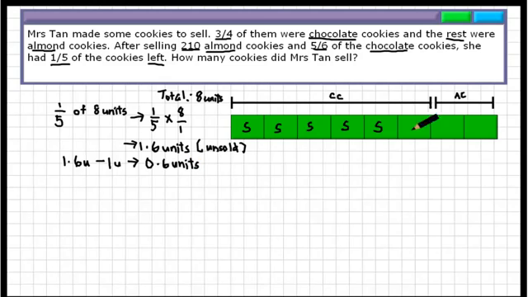That means this is actually 1 unit of unsold cookies, and 0.6 will be somewhere around here. So we shall draw a portion here, and this would represent 0.6 units of unsold cookies. This would be the unsold cookies.